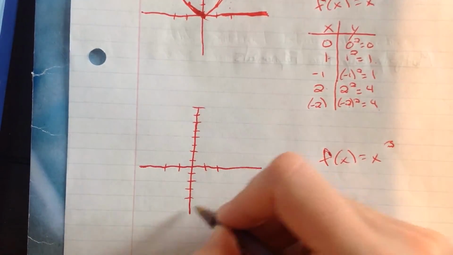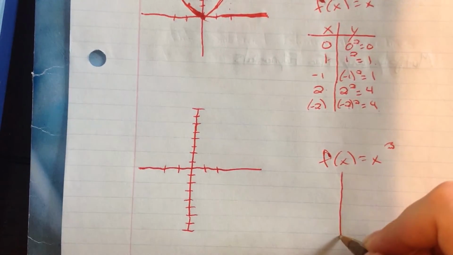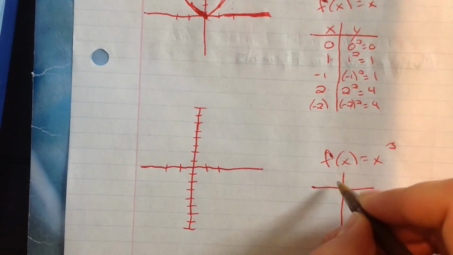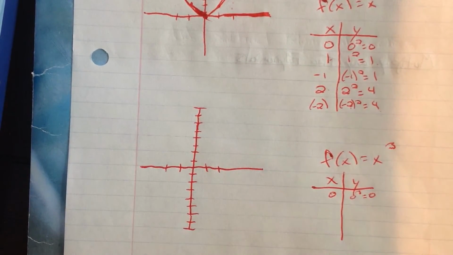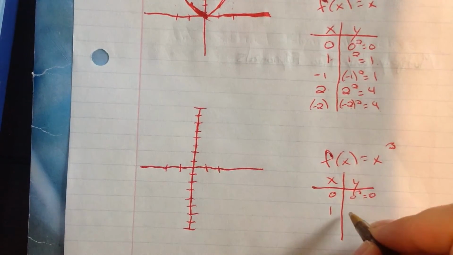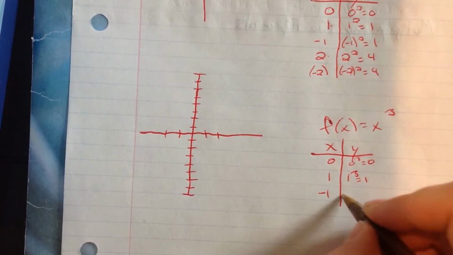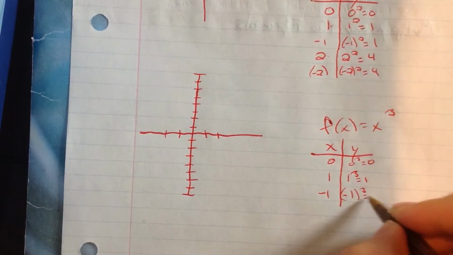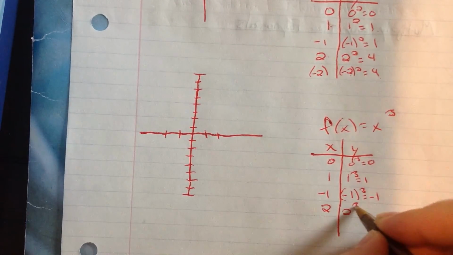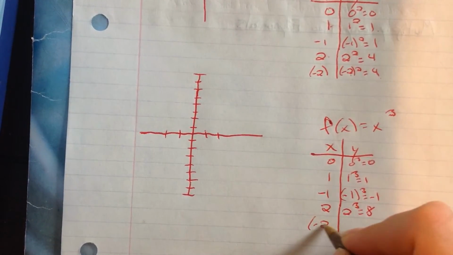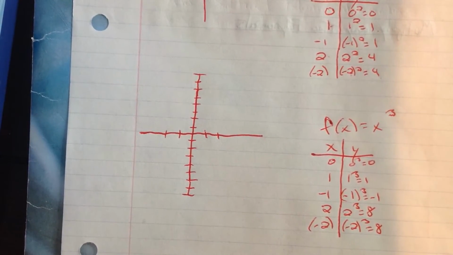If we stick in some points, x, y, if you put in 0, you get 0 cubed, which is 0. 1, 1 cubed, which is 1. -1, (-1) cubed, which is -1. 2, 2 cubed is 8. -2, (-2) cubed is -8.